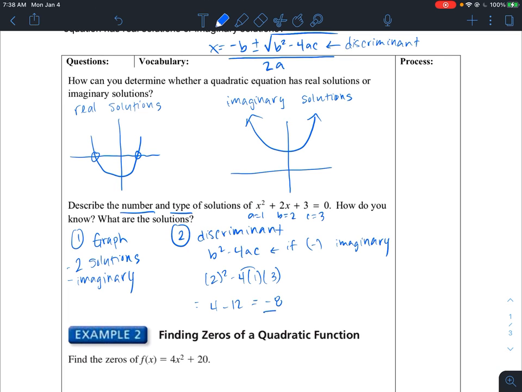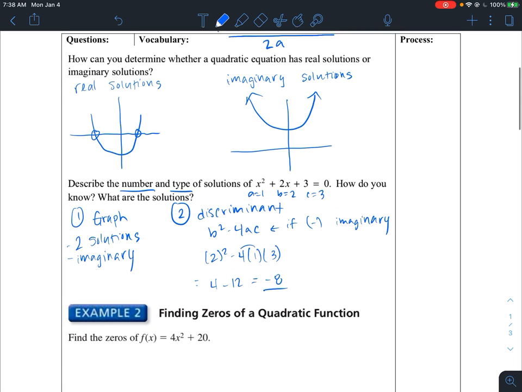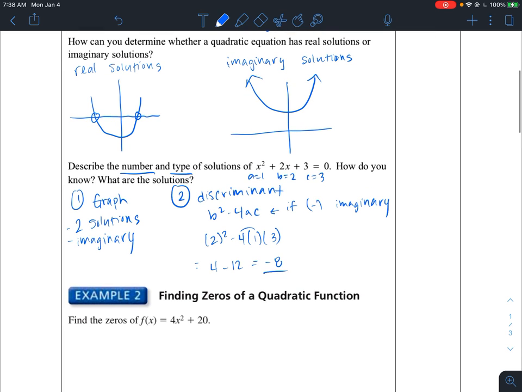Therefore, because it's negative, it's going to have two imaginary solutions. So that's two ways of checking: by the graph or by using the discriminant.